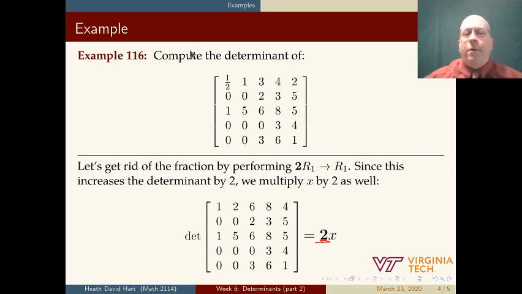Anytime we perform a row reduction step that changes the value of the determinant, we record the change on this side. These are changes due to row reduction.